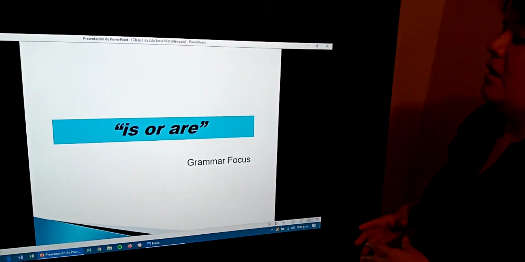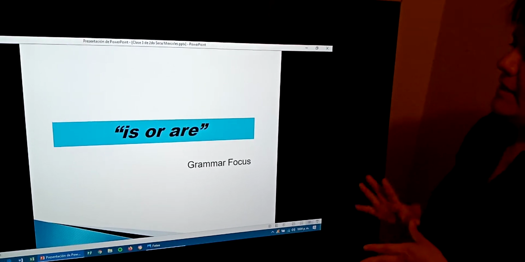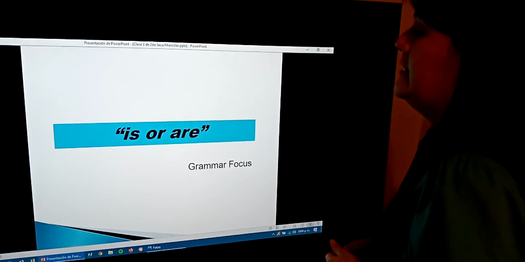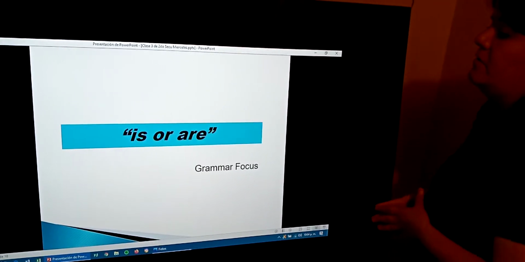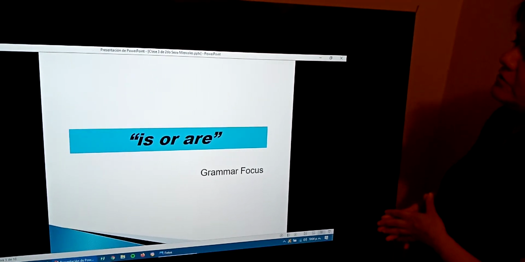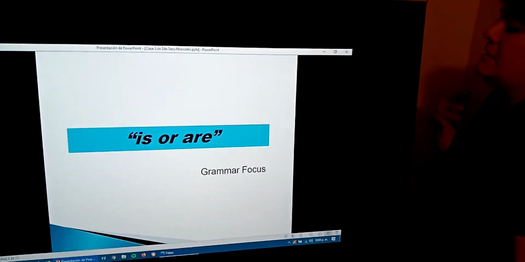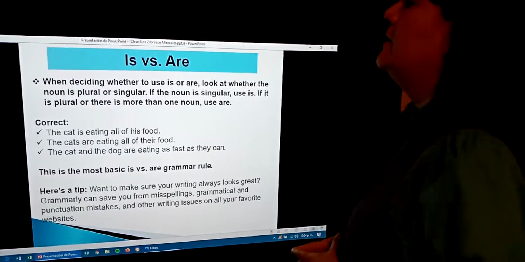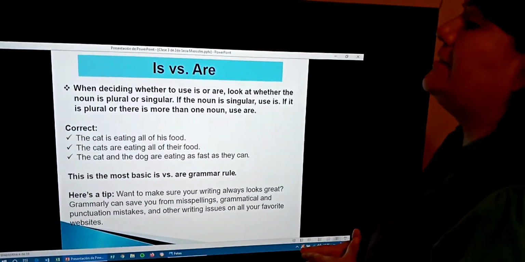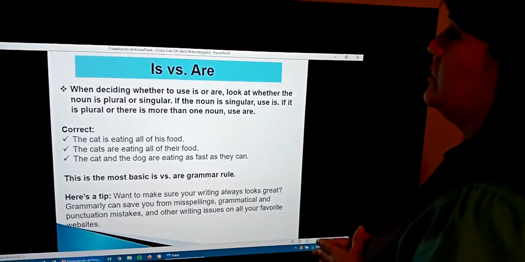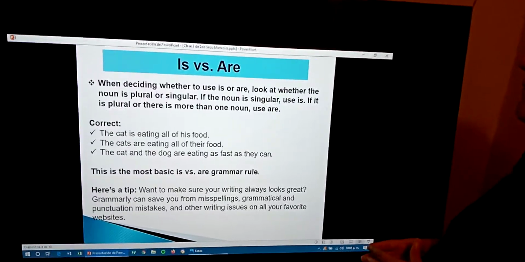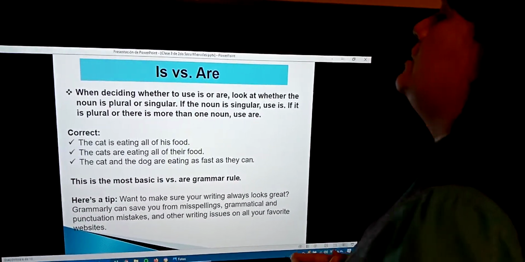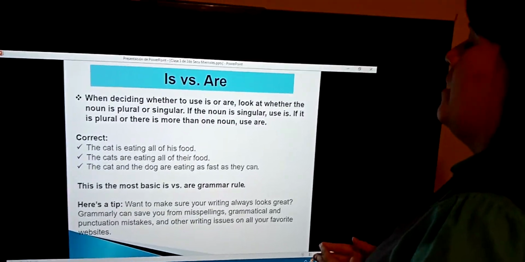Is or are. Okay? Is or are is the verb to be, in singular and plural. Grammar focus: is and are. Is and are is when you decide whether to use is or are.